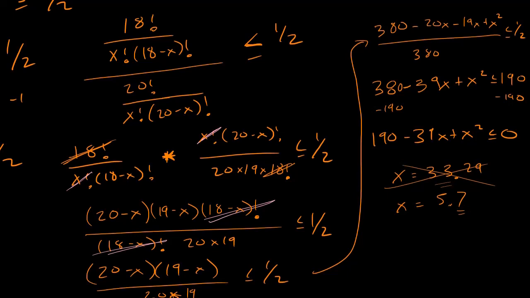And we can't sample part of a light bulb, so we're going to need to round that up and say, okay, inspector, we need you to inspect at least 6 light bulbs in order for your probability of finding a defective light bulb to be greater than 50%. So you need to inspect at least 6 light bulbs would be our answer.